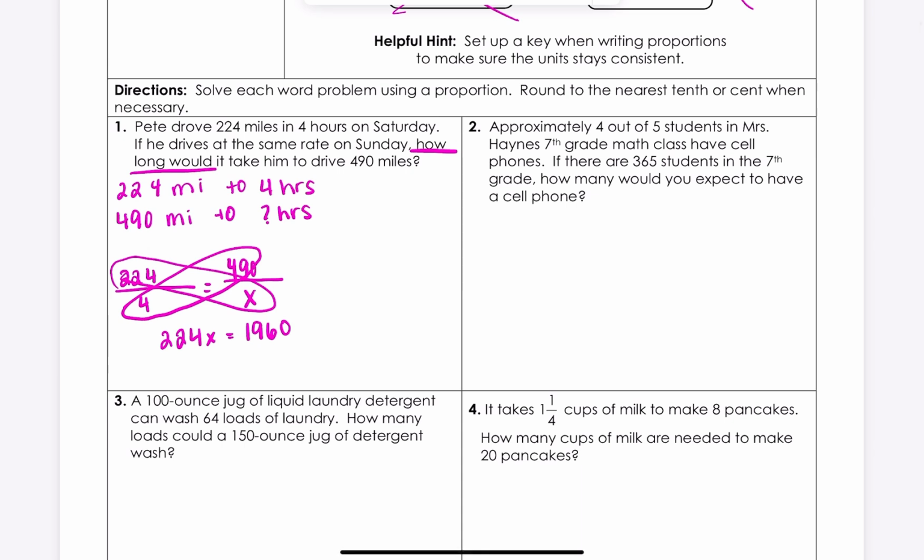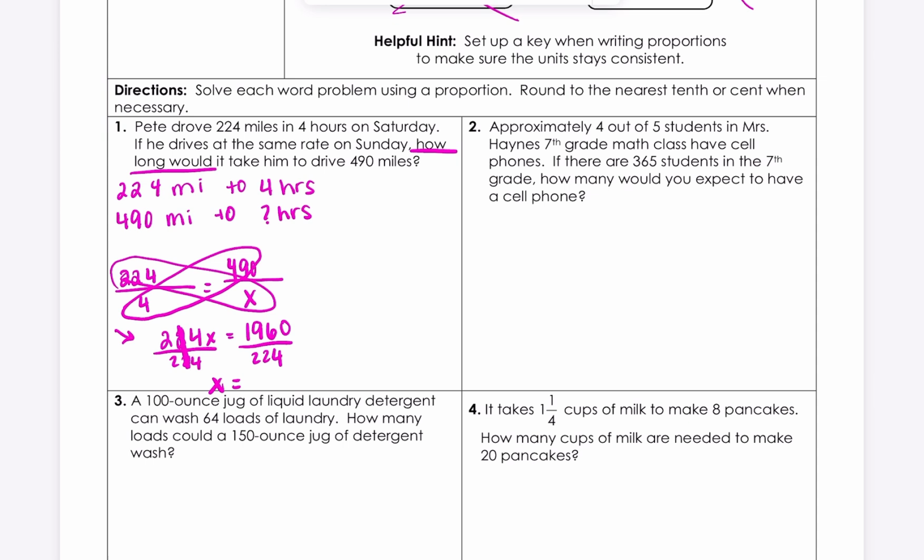The only other step after you set up your equation is to divide. We divide here because I want to get x by itself, and by dividing by the coefficient, which is the number next to my variable, I get my answer. The first side is 224 divided by 224. That is just 1, and 1x is exactly the same thing as x, so I bring down x.